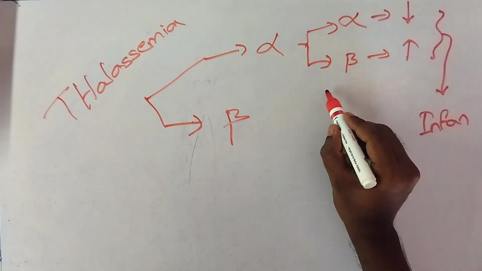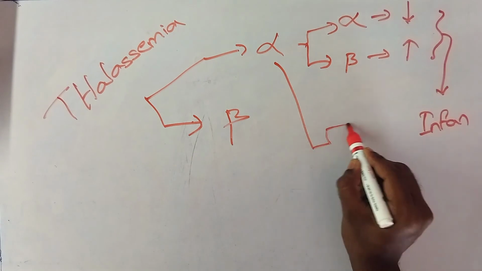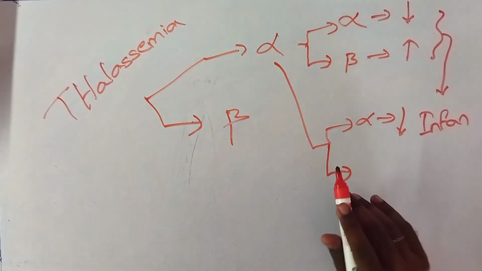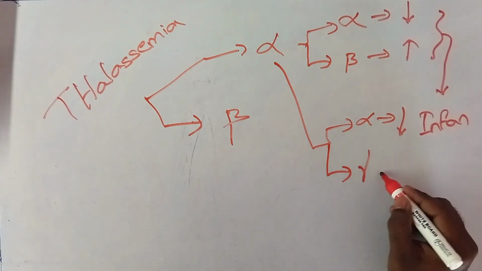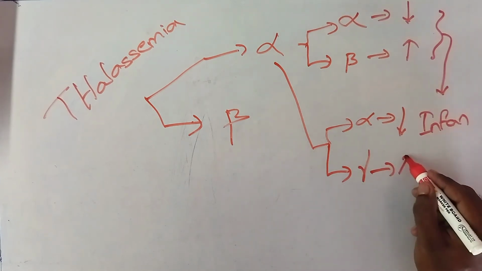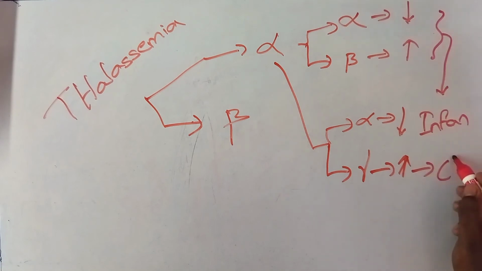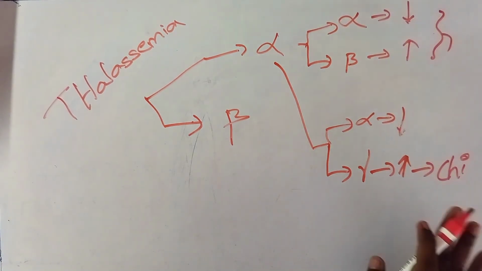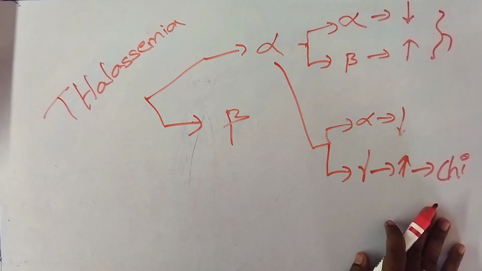And in another condition, alpha chains are less, there will be no beta, and gamma chains are in excess. This condition occurs in children. The first condition occurs in infants and the second condition occurs in children.